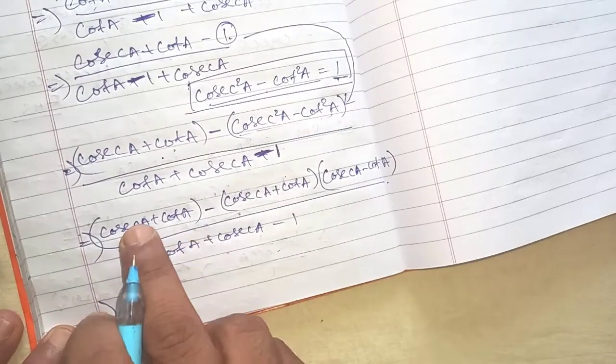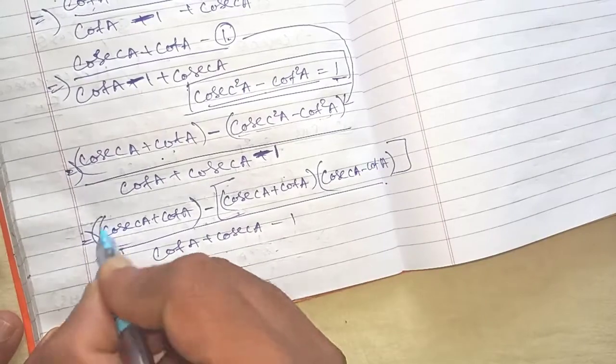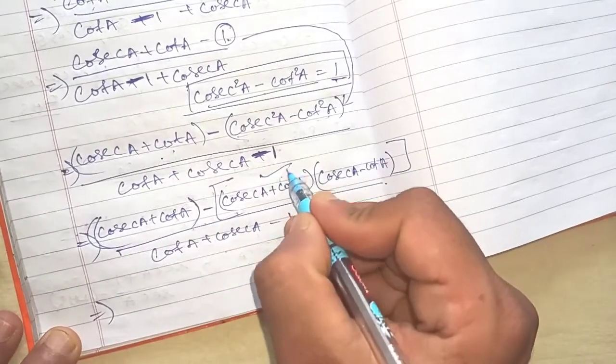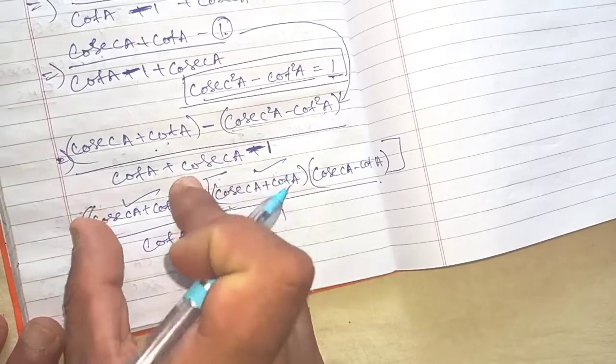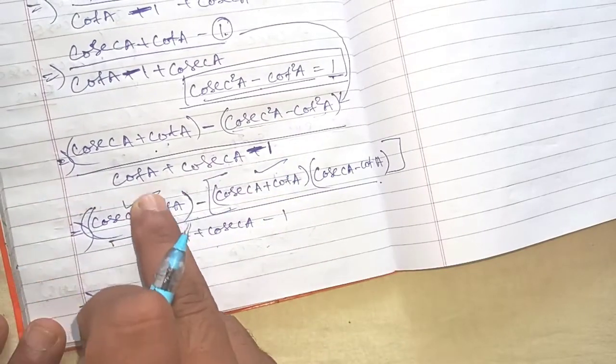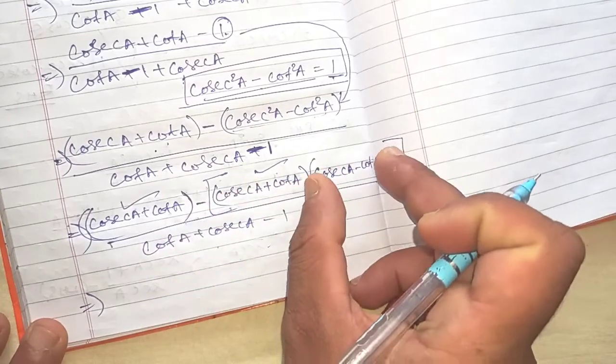Okay, from these two, this is one term and this is one term. From these two, can we take out cosec a plus cot a common? Because both are same. So if I take out cosec a plus cot a common, here 1 will be left. And from these two, if I take this common, this will be left.